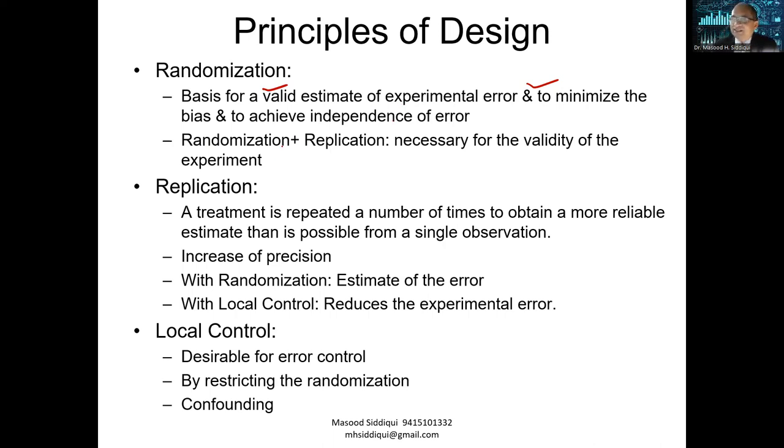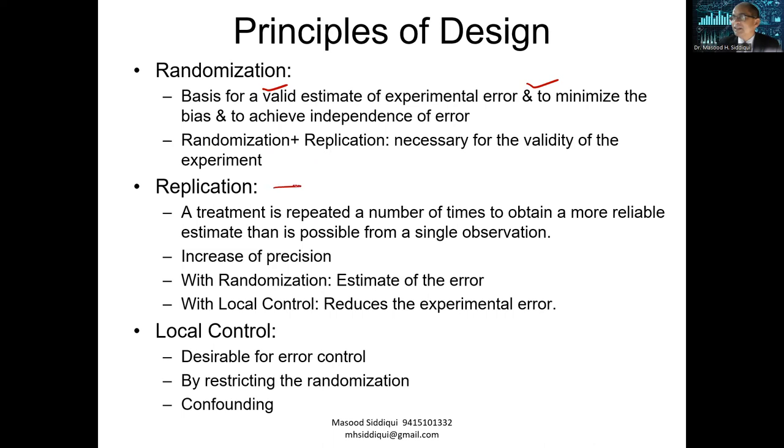Now, as we discussed earlier, randomization along with replication provides the necessary condition for the validity of the experiment. Hopefully randomization is clear to all of you. Next one is replication.